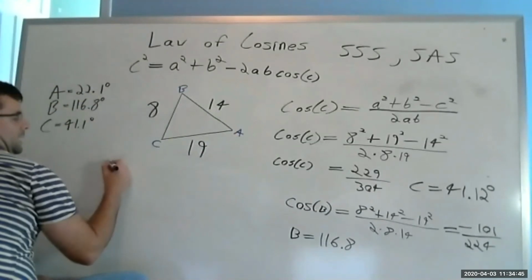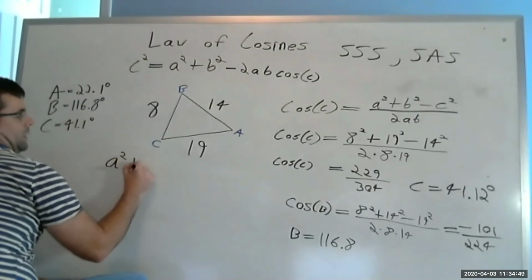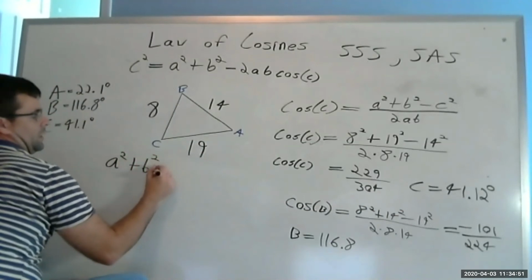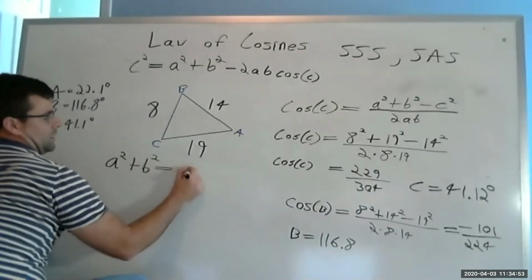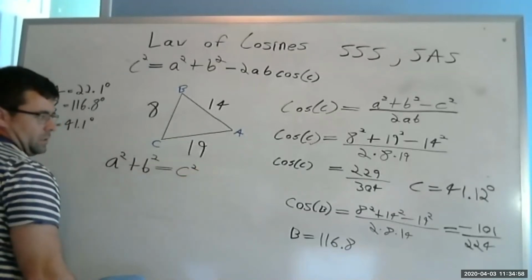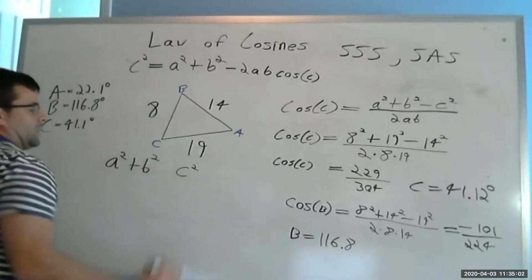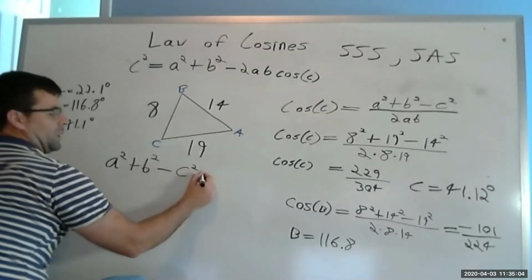So on the triangle, if you had a squared plus b squared equals c squared, that would be the same thing as saying that a squared plus b squared minus c squared equals what?